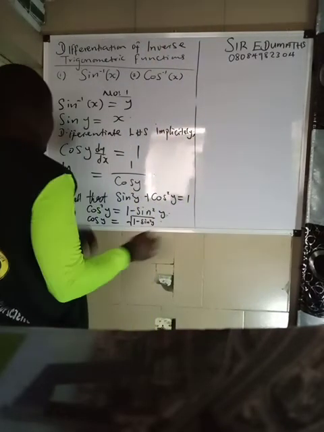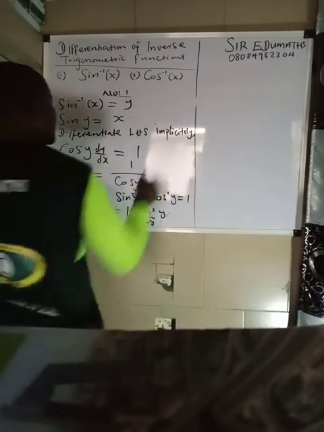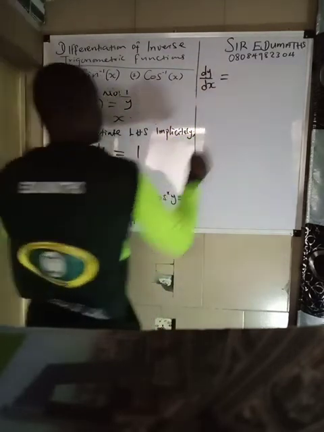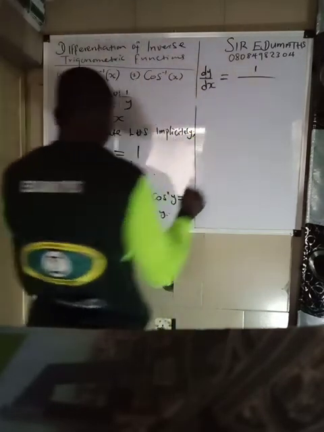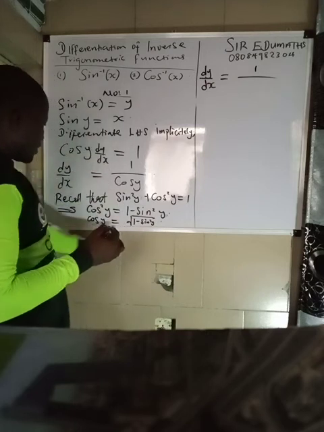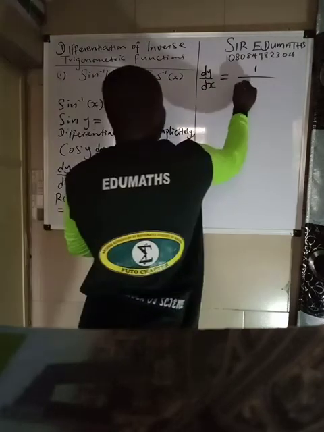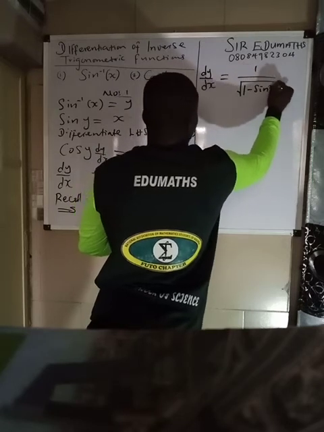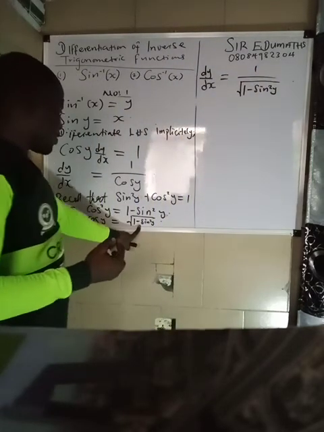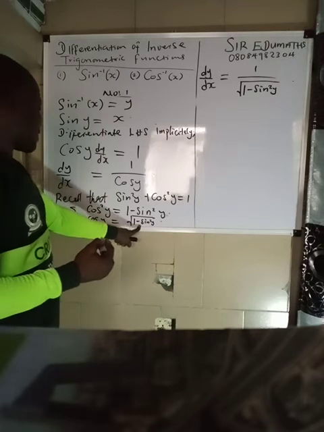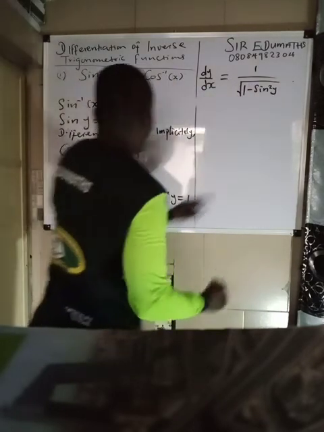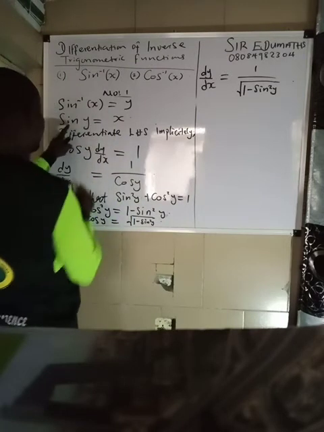From this relationship, we now have that dy dx is equal to 1 all over cos y, which I have turned into 1 over the square root of 1 minus sine square y. Okay? Understand what I did here? So now look at the relationship. I still have y here, so I will fall back to this place.